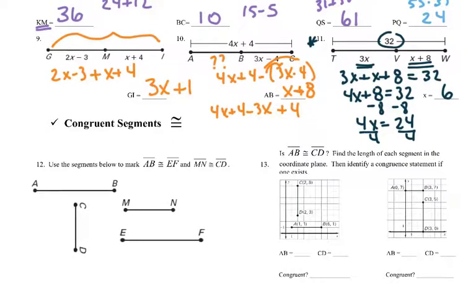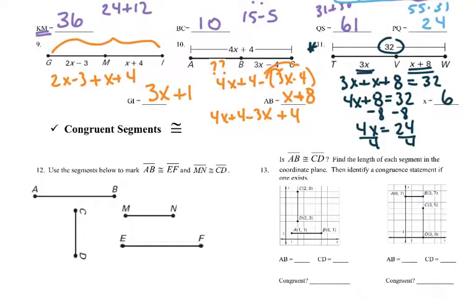Last thing we're going to introduce is a really important word, congruent. Congruent all year long is going to mean the same. We're going to start off with segments, and congruent segments have the same length. This is our symbol right here we use for congruent, the equal sign with the squiggle. We're going to mark on our picture.